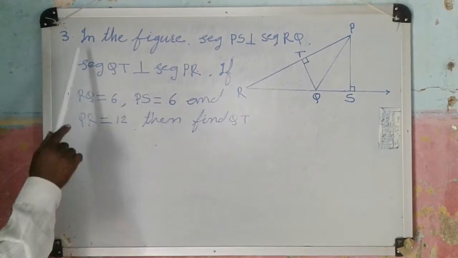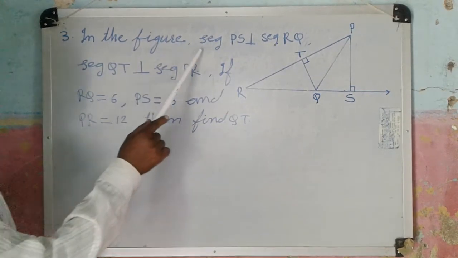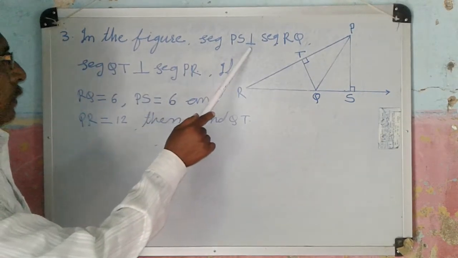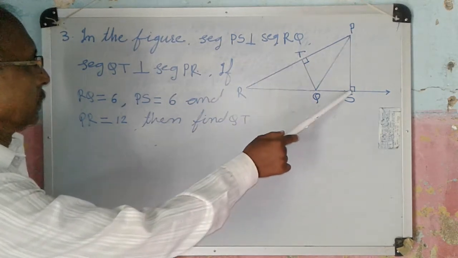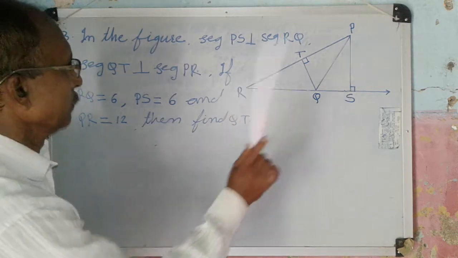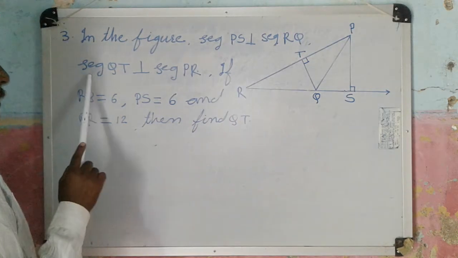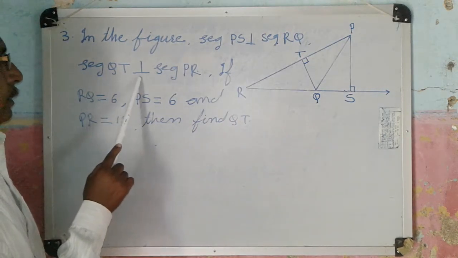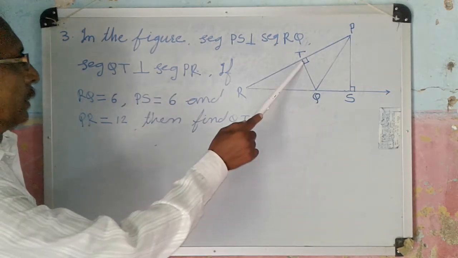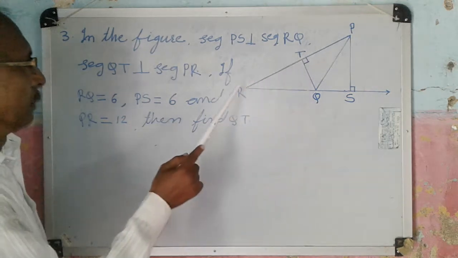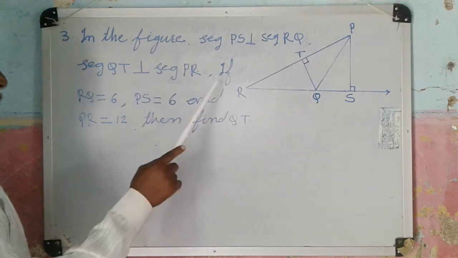Question number 3. In the figure, segment PS perpendicular segment RQ. Segment QT perpendicular segment PR.